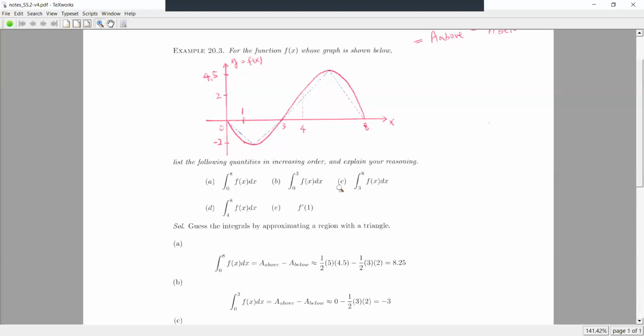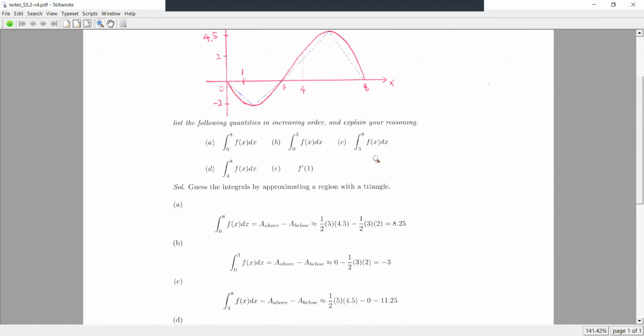Now, the third integral, from 3 to 8. This is the net area of the region from 3 to 8. This region has no part below the x-axis, so the area below the x-axis is 0.